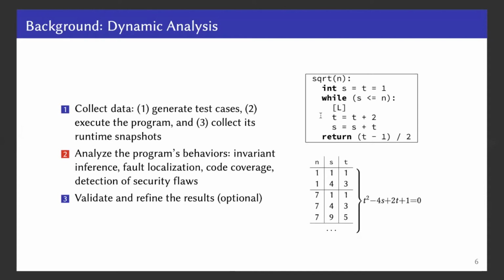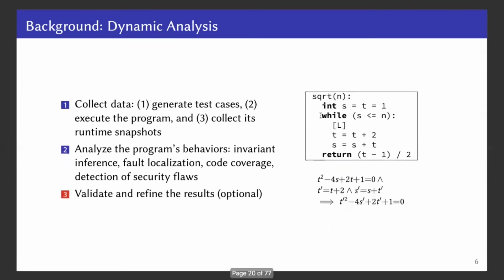For instance, from the collected snapshots of the square root program, we can derive its nonlinear invariant. Finally, if a checker is available, we can validate the results and refine them using the counterexamples from the validation, if any. For example, we can prove that the inferred invariant of the square root program is valid with the right-hand side implication.